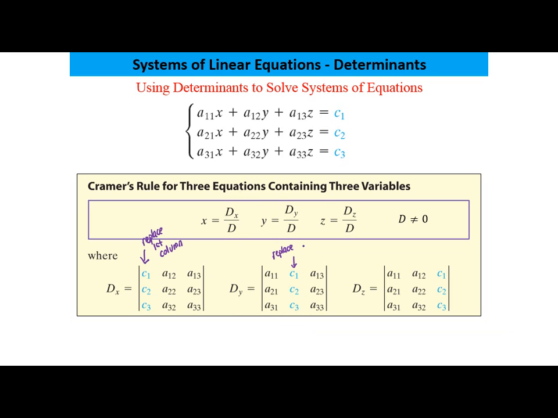You don't have to write the top of the screen. Okay, so basically we're going to apply the same rule as the 2x2 matrix, but when we find the determinant for X, we replace the first column. For Y, we replace the second column, and for Z, we replace the third column. So we're going to do just like we did yesterday, but we're going to do it twice, for X, for Y, for Z.